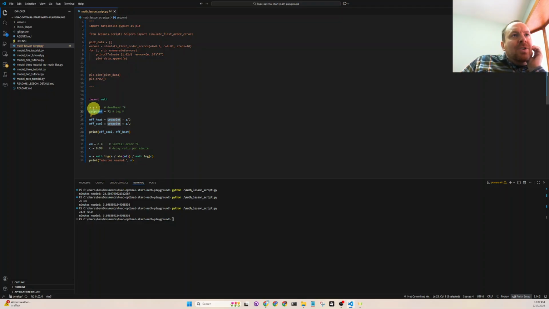Then with a 4-degree deadband, you get 2 degrees up and down. So the effective cooling would be 74, and effective heating would be 70, and the control system doesn't do anything if it's within the deadband range, which would be 74 and 70.